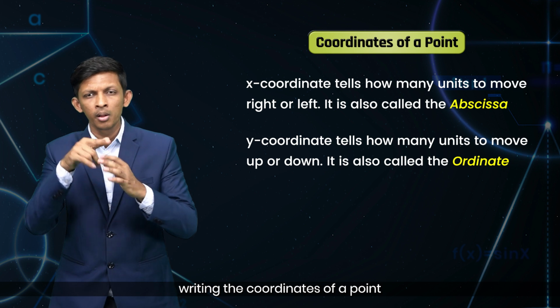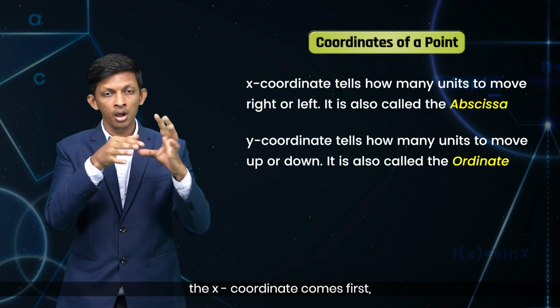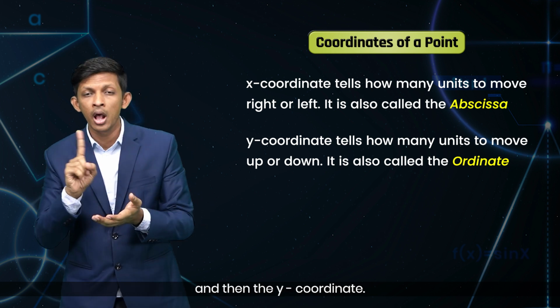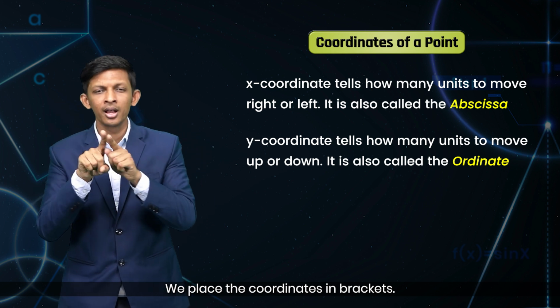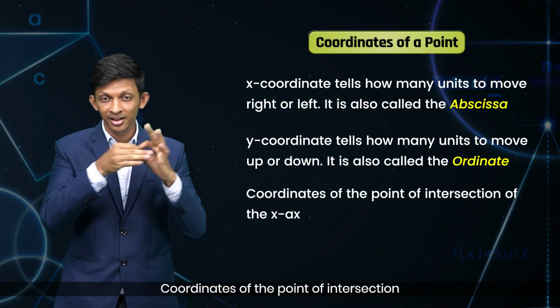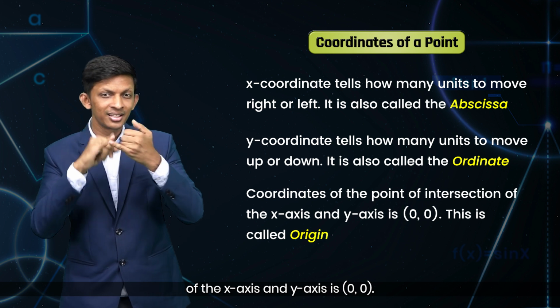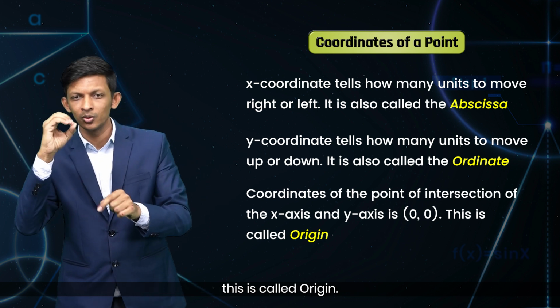While writing the coordinates of a point in the coordinate plane, the x-coordinate comes first and then the y-coordinate. We place the coordinates in brackets. Coordinates of the point of intersection of the x-axis and y-axis is (0, 0). This is called origin.